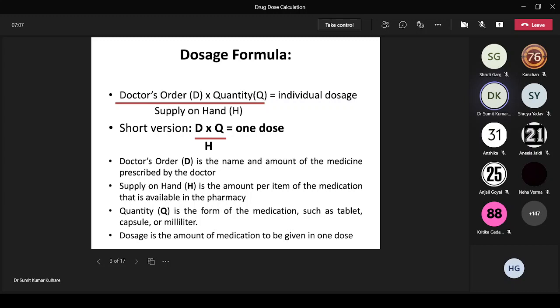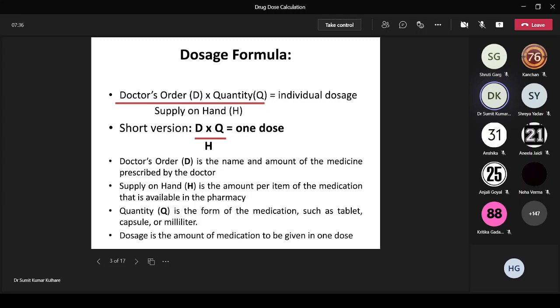Each medicine in the form of tablet, capsule, or even syrup is manufactured in a particular strength only. Suppose paracetamol is manufactured in the strength of 125 milligram tablet only. But how much do we want to give? The doctor wants to give 500 milligram, but the tablet which is available in the market is, for example, of 125 milligram only. So that constitutes the supply on hand. So H will come here. That is the strength of the tablet or capsule or the amount present in the syrup.